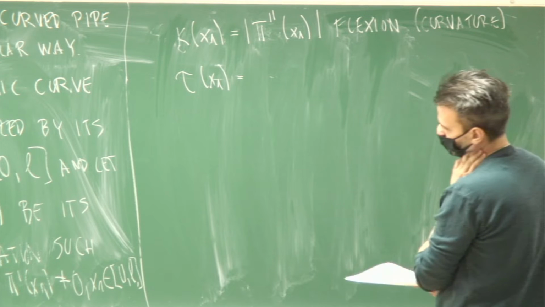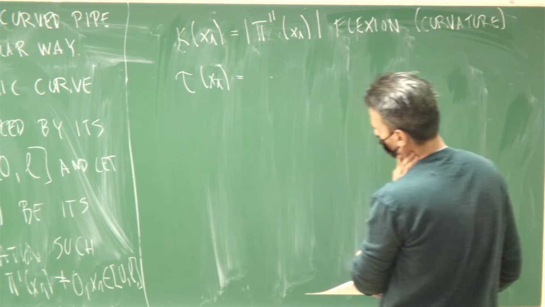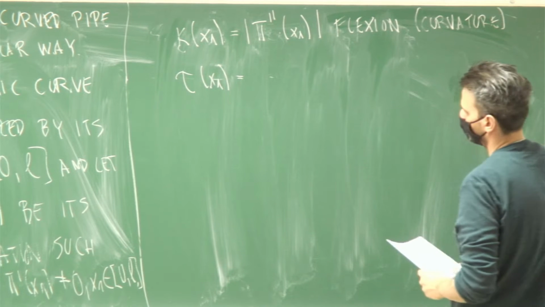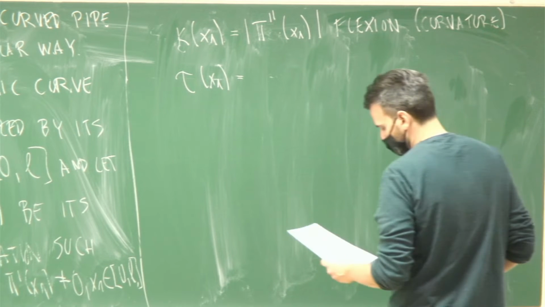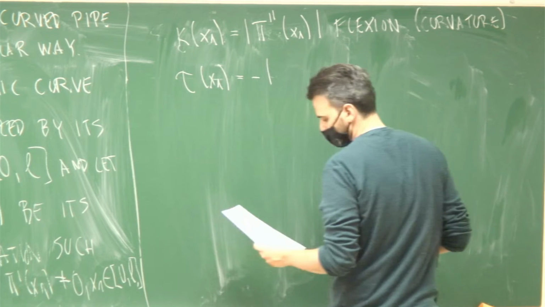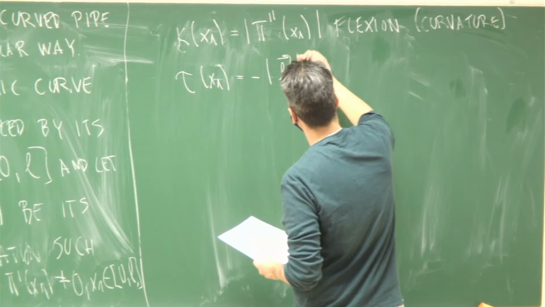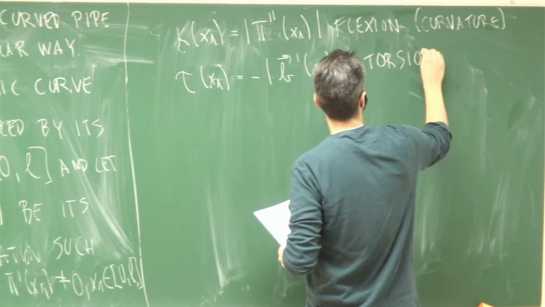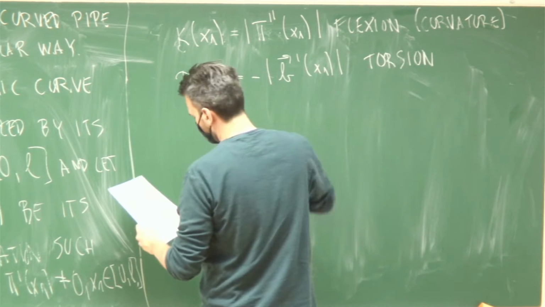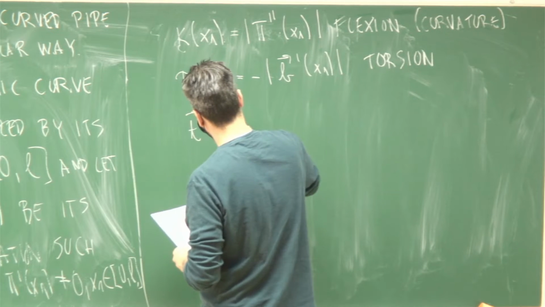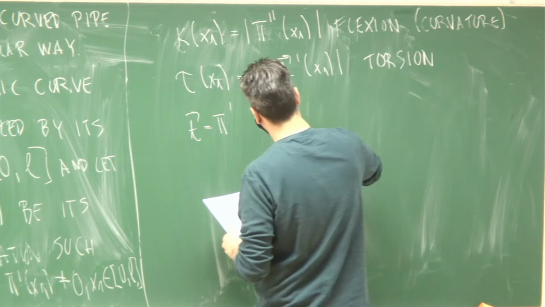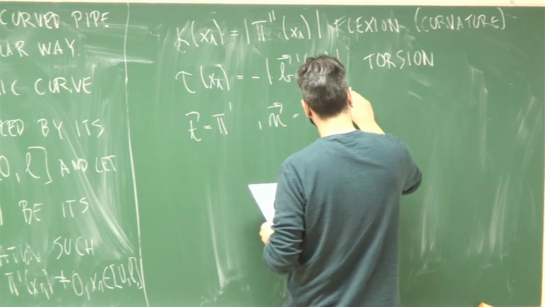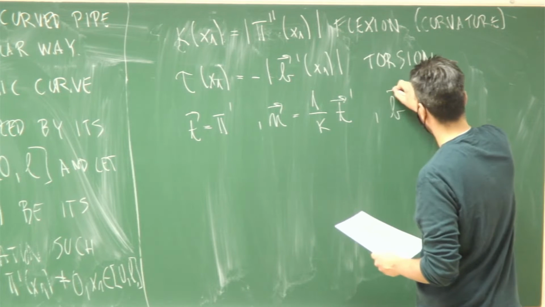Definitely, we don't go deep into the differential geometry, but we need this in order to compute the first order correctors, etc. So basically the technical side. So minus b prime of x1. This is torsion, and you have tangent, which is given this way, normal, and binormal.